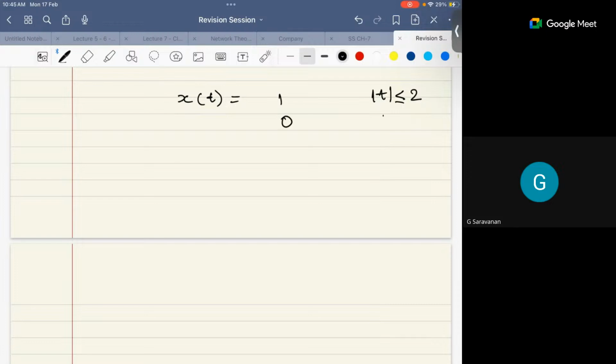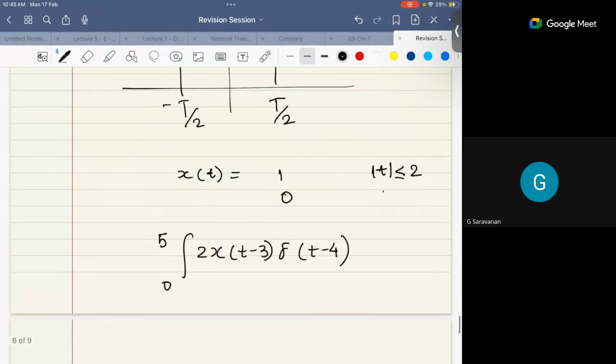And then you have been asked to calculate the integral from 0 to 5 of 2 times t minus 3 delta of t minus 4. It is a similar question.